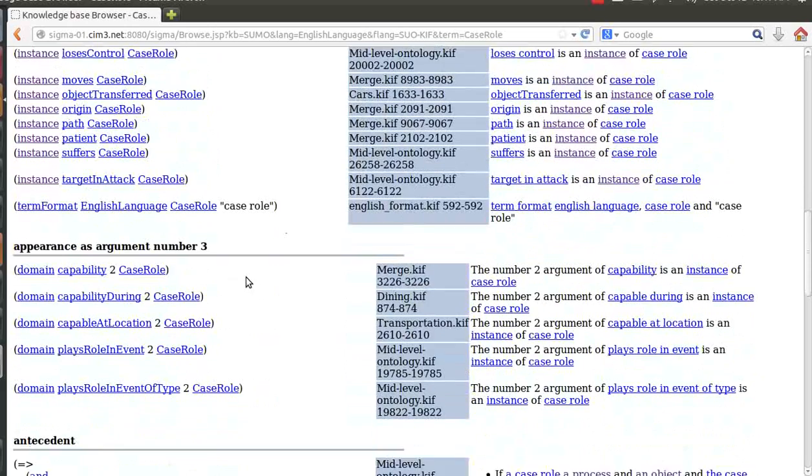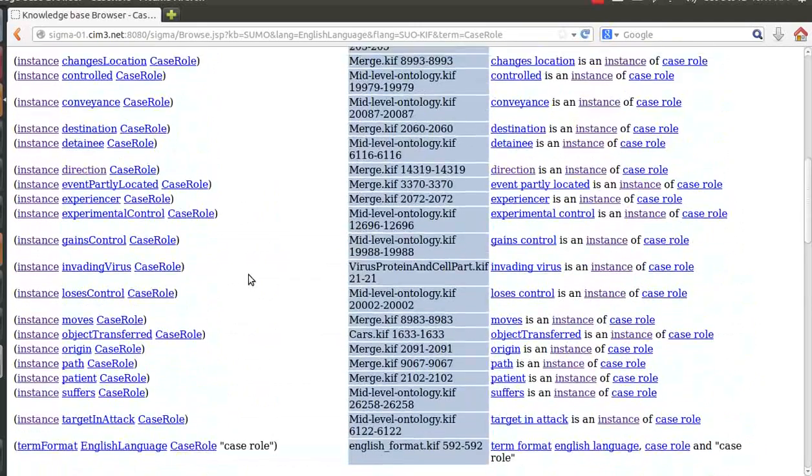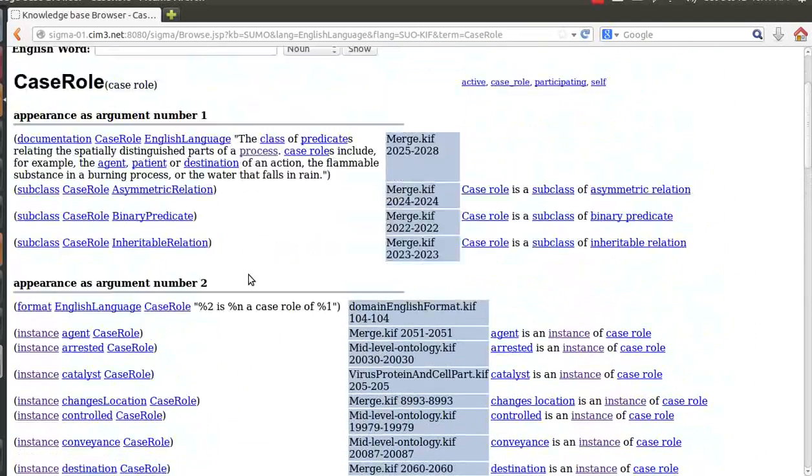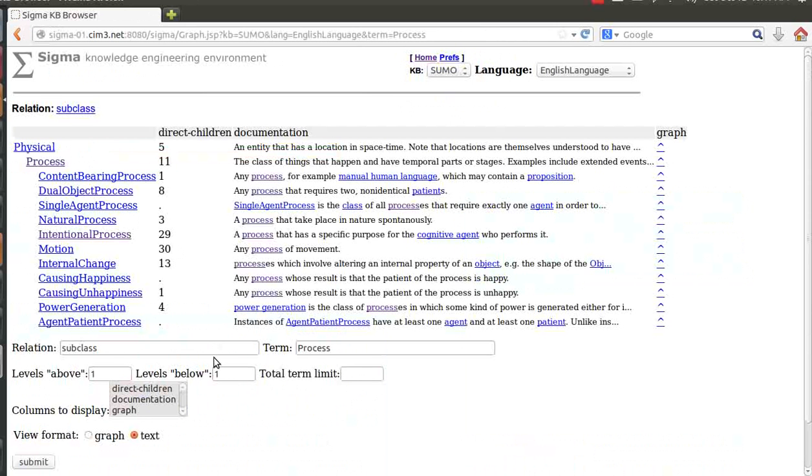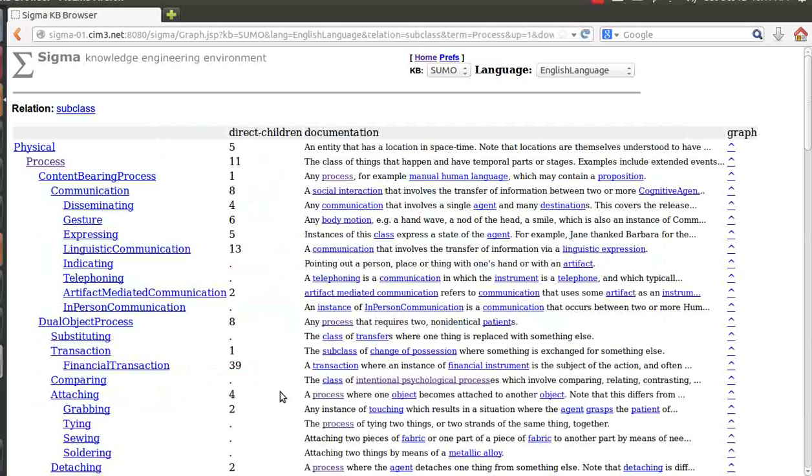So, poke around in Sigma as much as you can. So not only case roles, of course, but also process. If we take a look at process, there's lots of subclasses of process, and getting familiar with all of the processes and subclasses of processes in SUMO is very important.